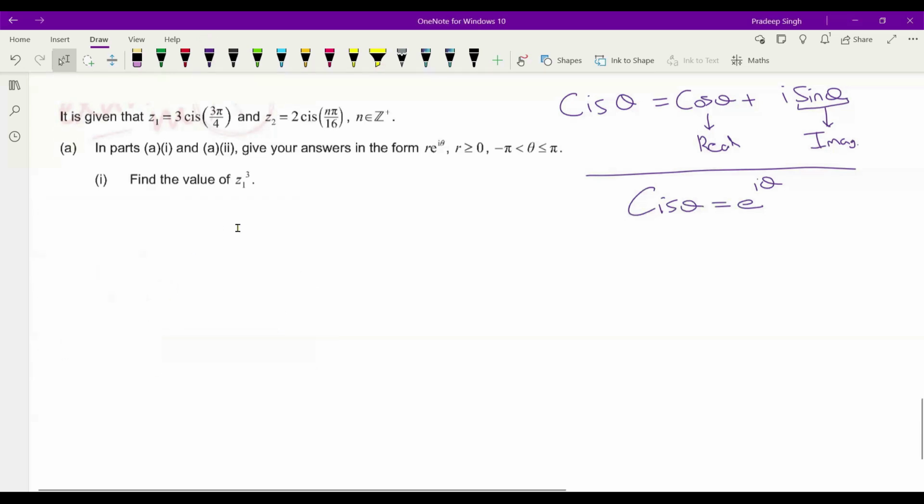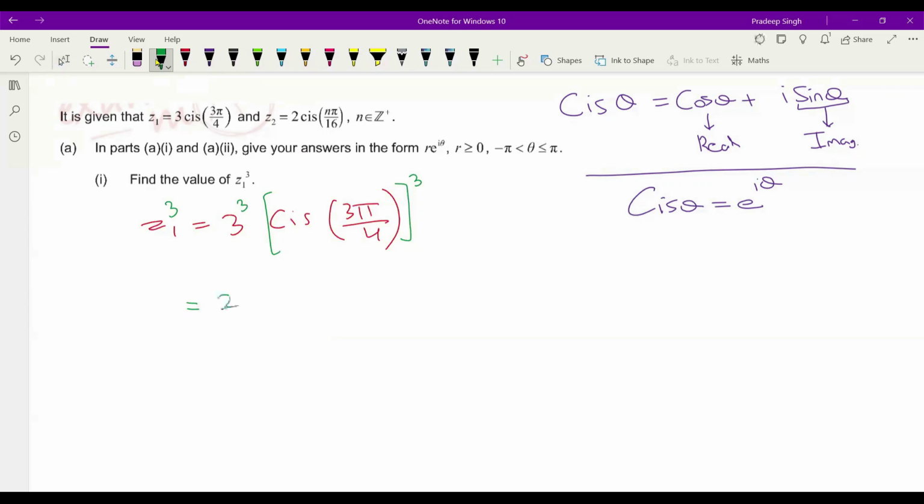Same logic we will apply here. So it's z1 cube. So let's write down. Z1 is equal to 3 cis 3 pi by 4, which is already given. Now, if you cube both sides of this equation, z1 cube will become 3 cube, and the whole cis thing will become cube.